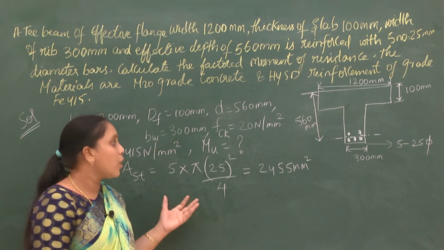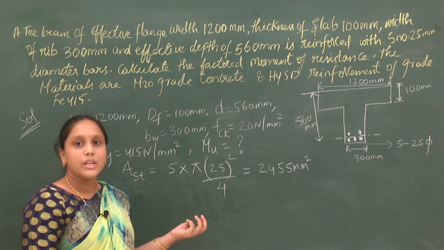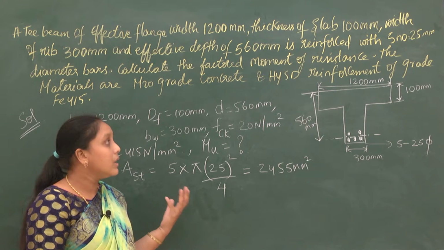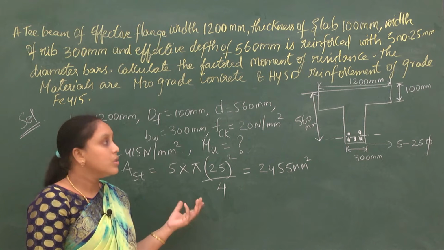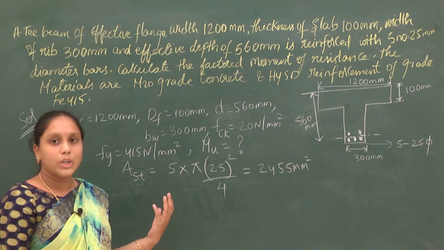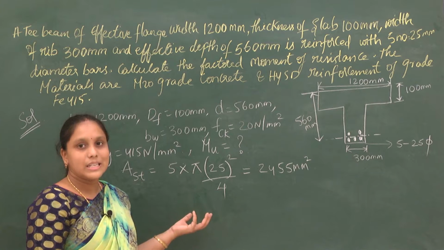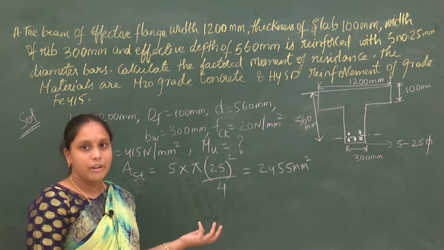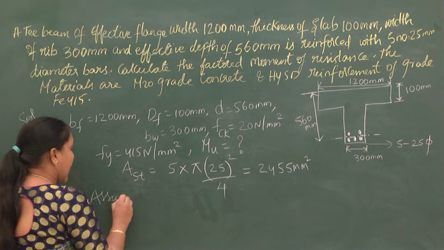So the first thing we have to do is find out whether the neutral axis is in the web or in the flange.